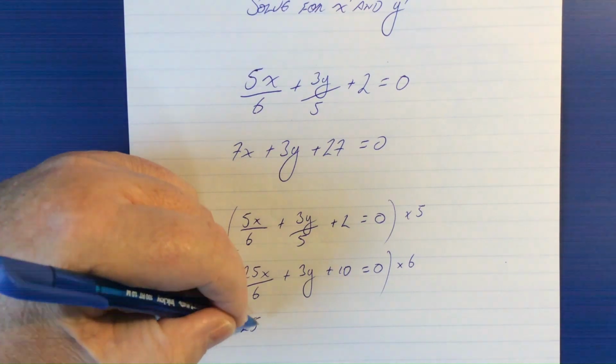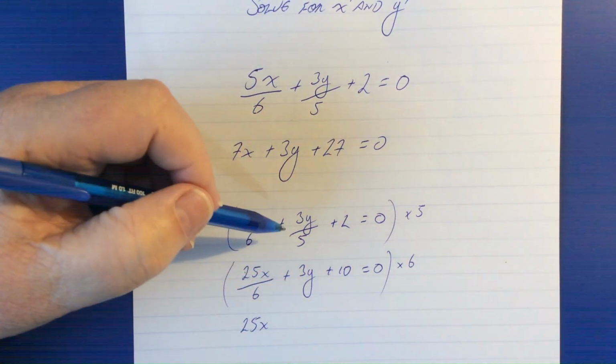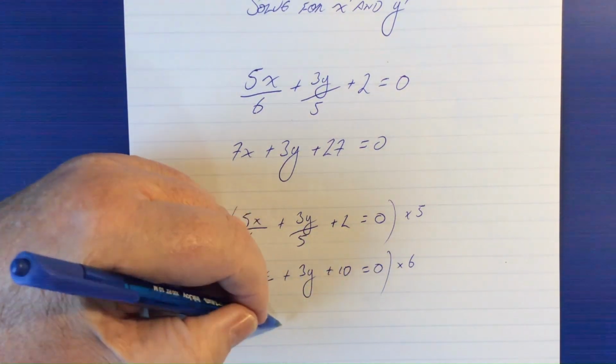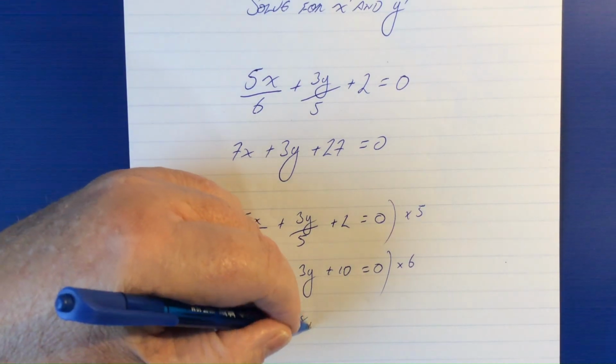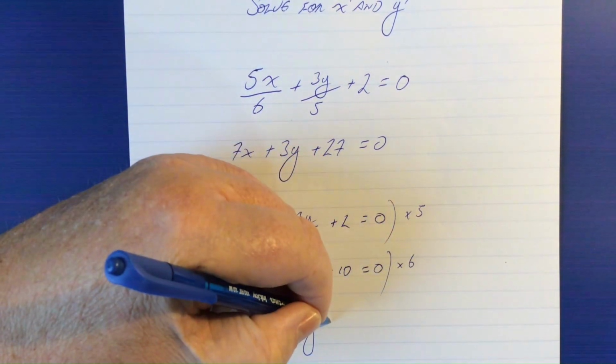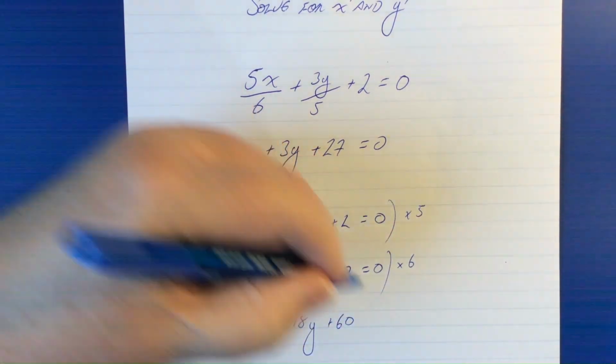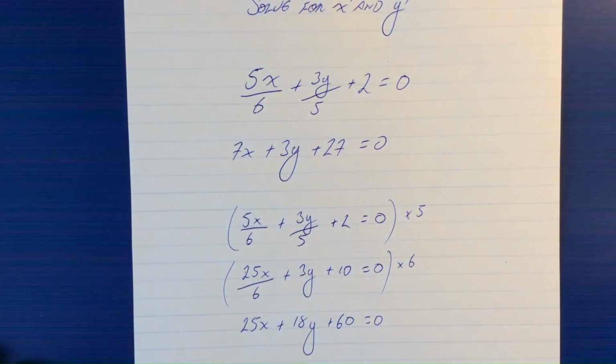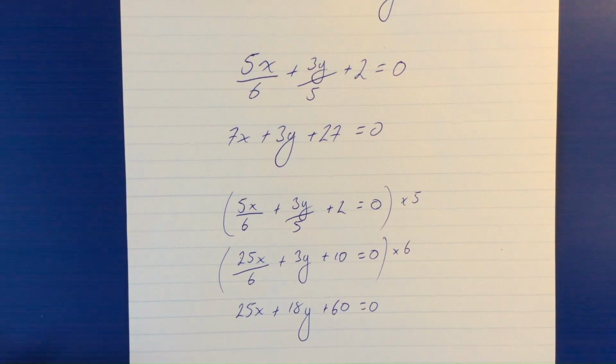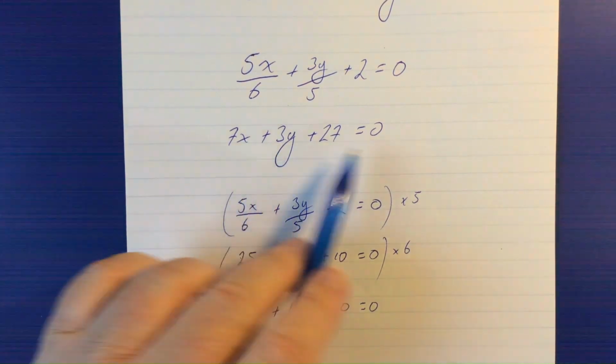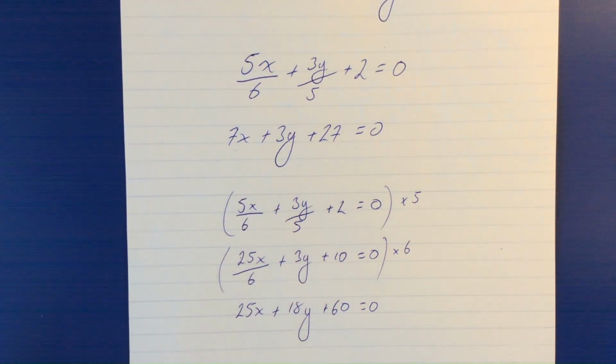So this becomes 25x, 6 3s are 18, and 6 10s are 60, and that equals 0. Right, so now we've got ourselves an equation that looks vaguely similar to that.